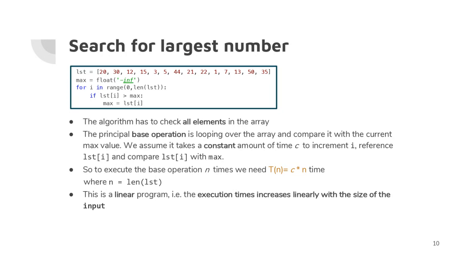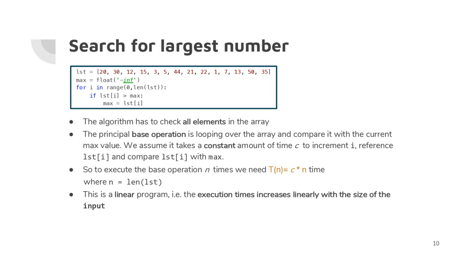Simple algorithm. What does it do? It checks all the elements in the array, and the base operation it does every loop is a comparison of the current max value with the element at index e, and we assume that takes a constant amount of time. And so it takes a constant amount of time to increase e by 1, to reference list[e] and compare list[e] with max.